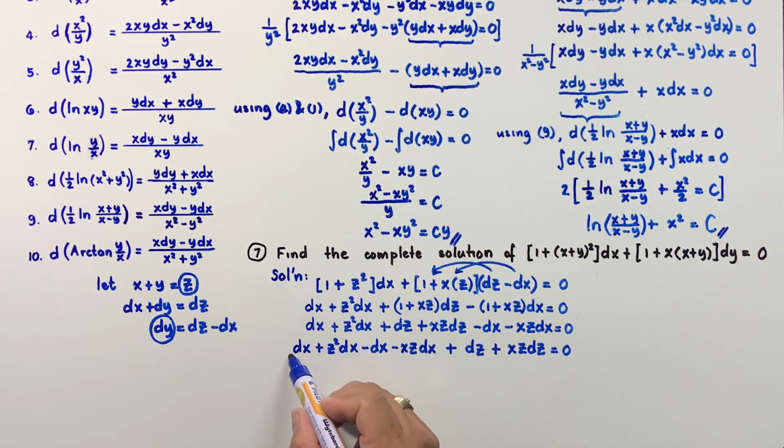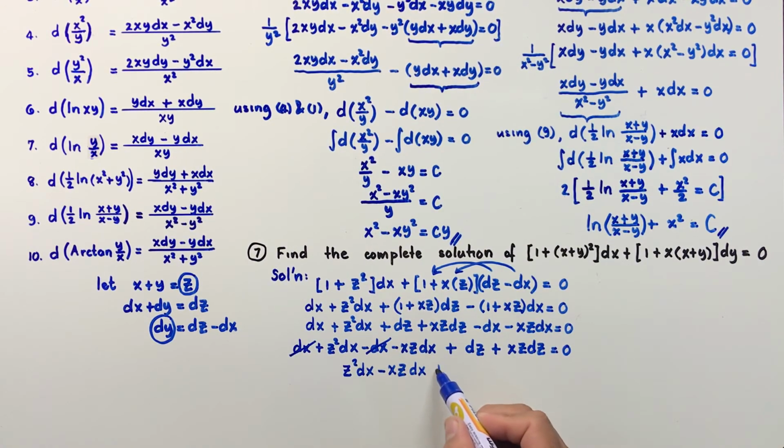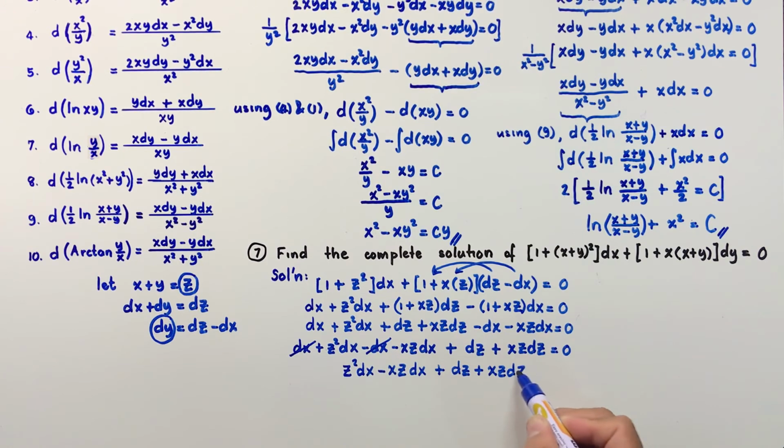And we know that this dx with this minus dx cancels each other, so we have z squared dx minus xz dx, and this will be added to dz plus xz dz.